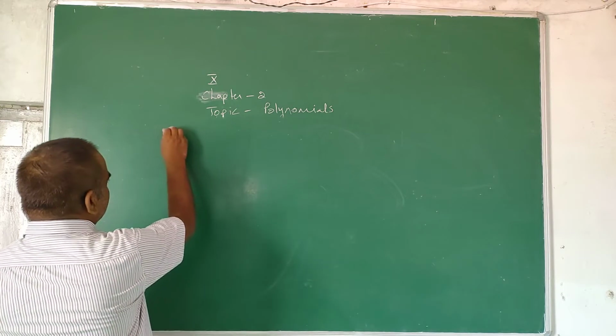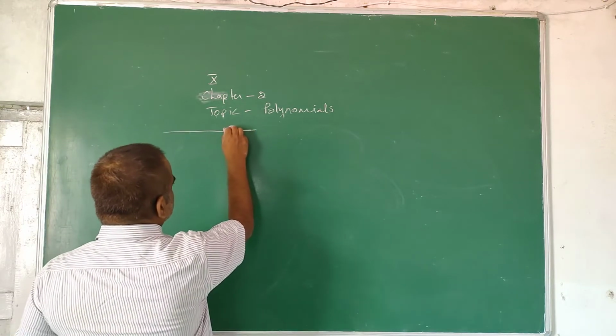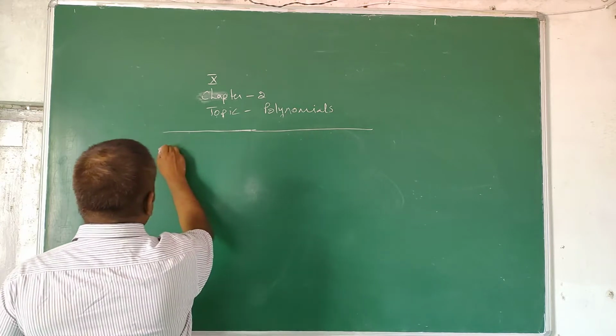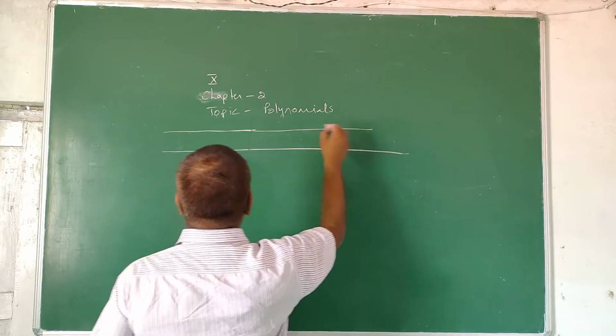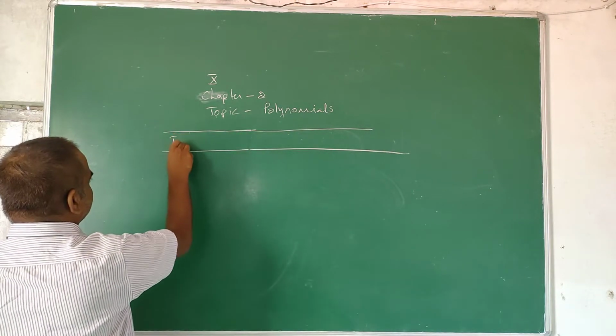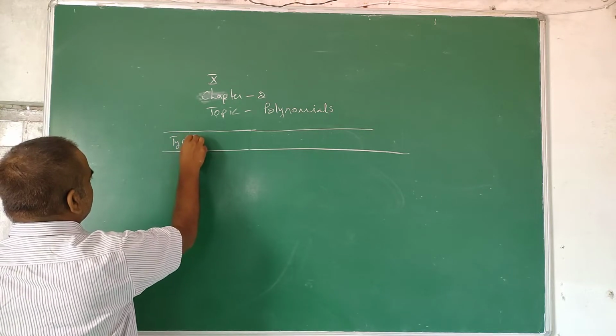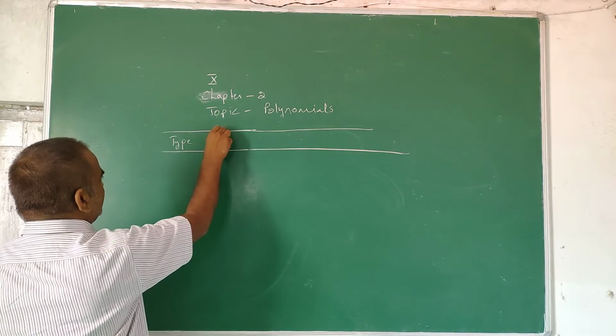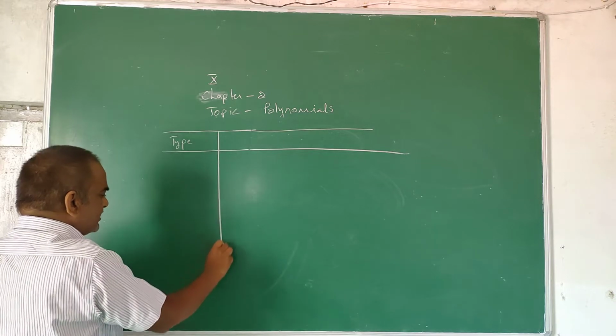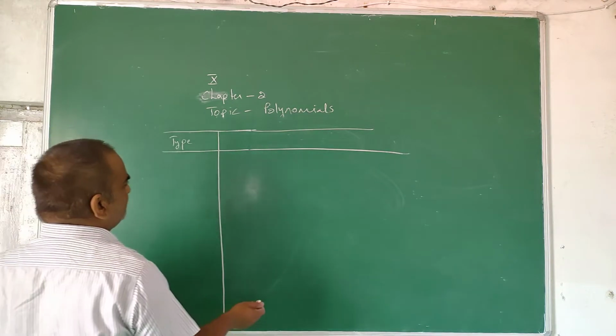So here I am giving you a table which gives various types of polynomials and an example in general form, and one more particular example also we will take.